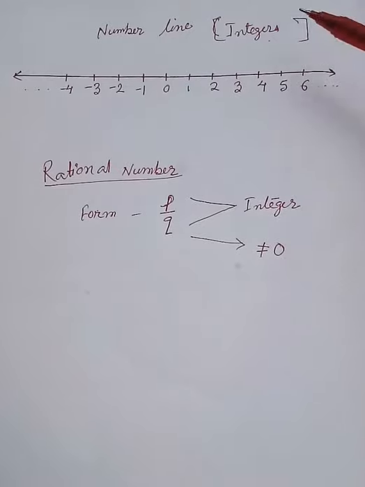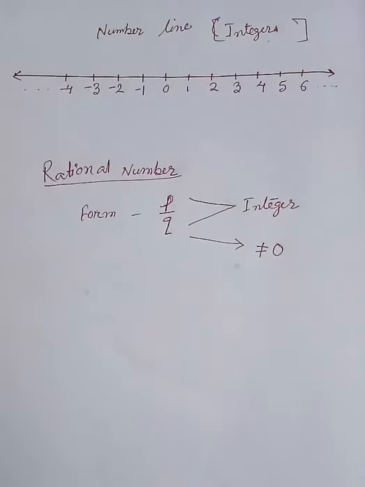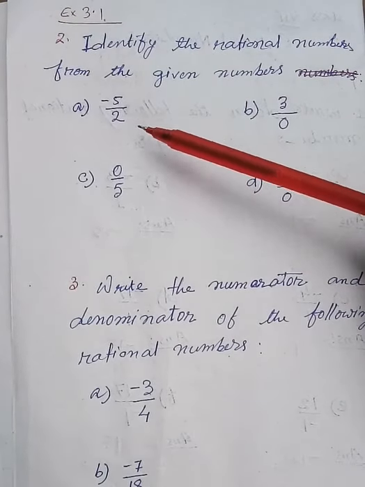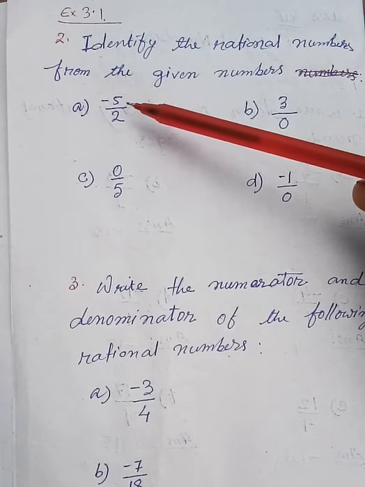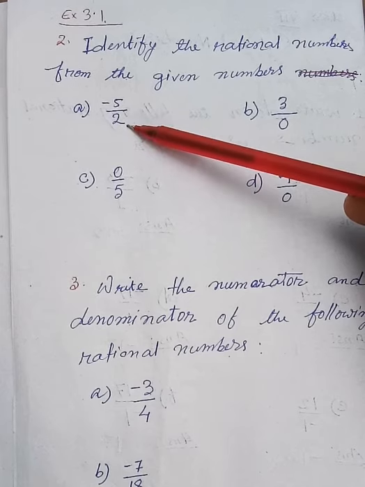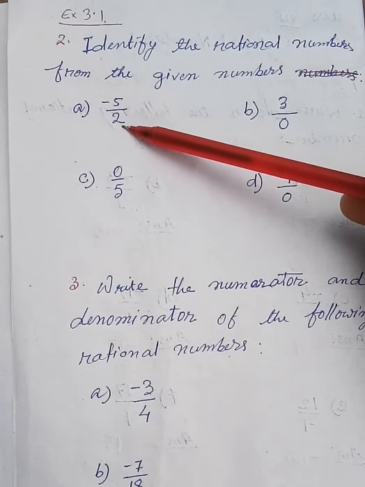So after knowing about integers and rational numbers, let us come back to the problem. Identify the rational number. What do you know about the rational number? Those numbers that are in the form of p by q. Yes, this is in the form of p by q. Here the p value is minus 5, the q value is 2.